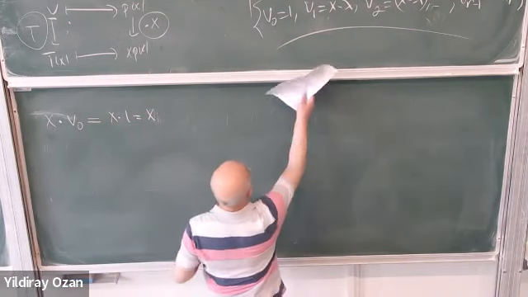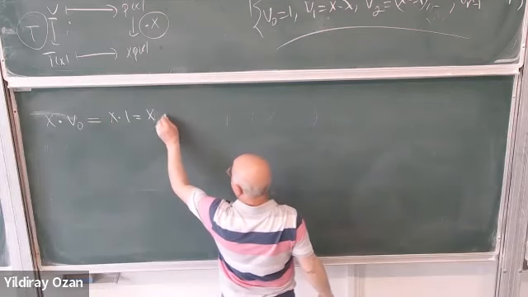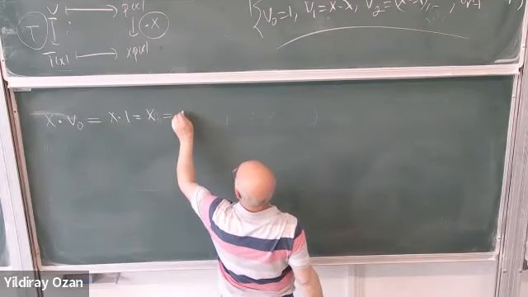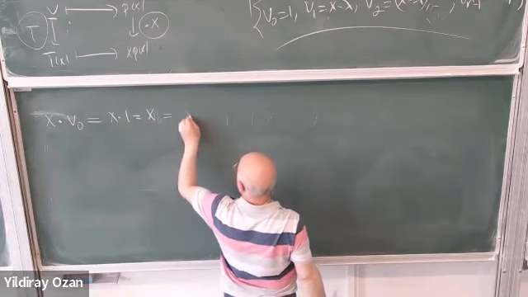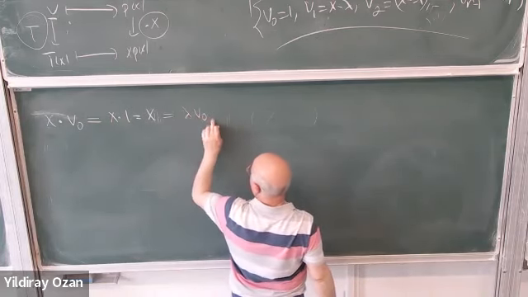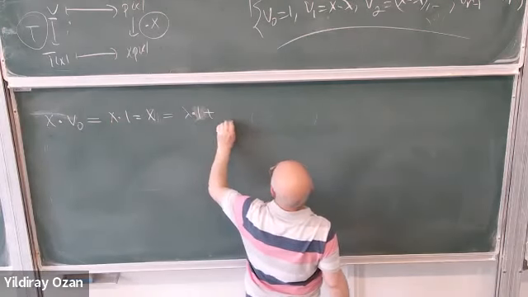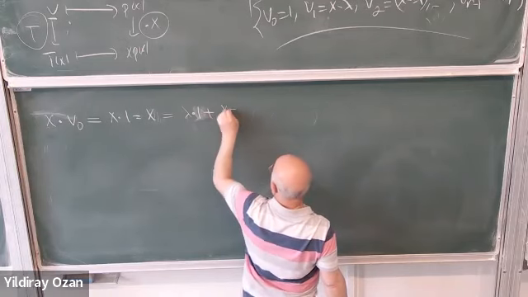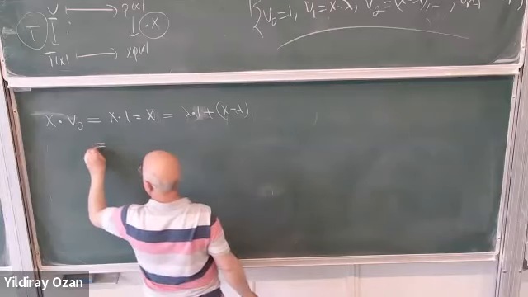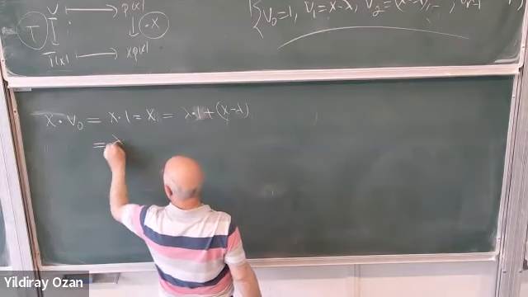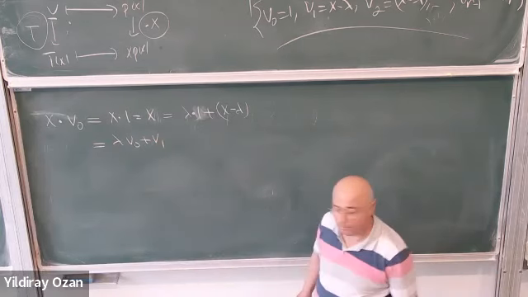In terms of these basis elements, we can write this as λ·1 + (x − λ). So I can write this as λ·v0 + v1. Okay?